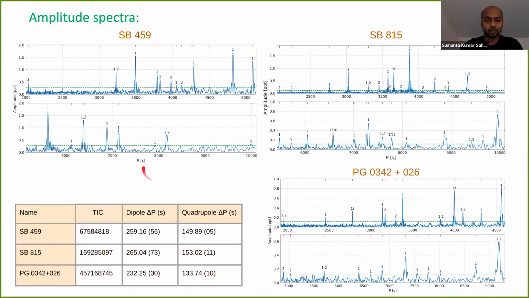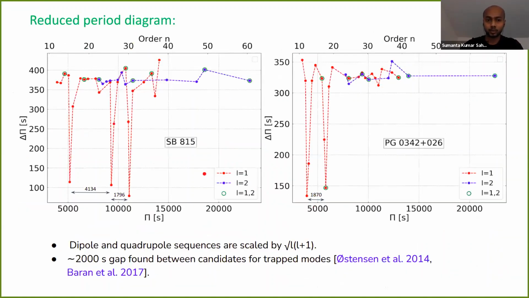So it seems we have a pretty good mode identification of these peaks. We tried to analyze these trap modes in a better way by using the reduced period diagram. In this diagram, we scale both the dipole and quadrupole sequences by the root of l(l+1), so both sequences overlap with each other, which we can see here.